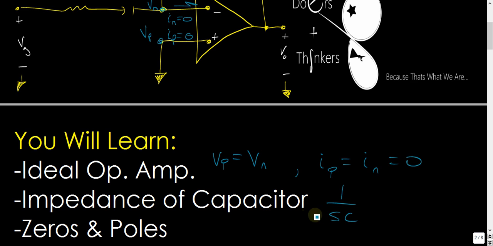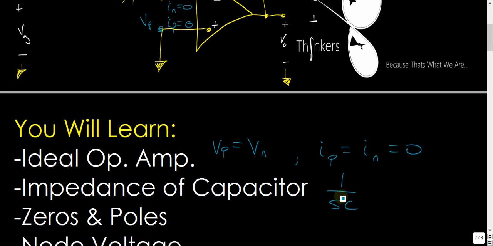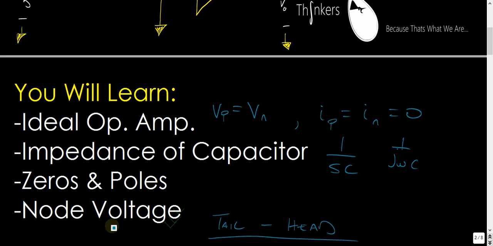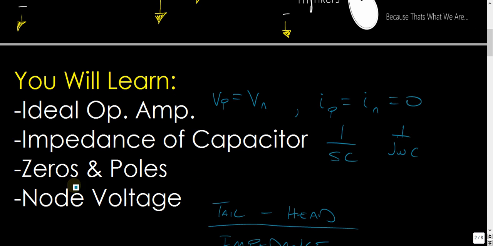The impedance of a capacitor is 1 over S. Some of you might have seen it as 1 over J omega C, but they're equivalent. Zeros and poles are something you already know. It's basically when does your equation equal 0, and when does your equation in the denominator equal 0.